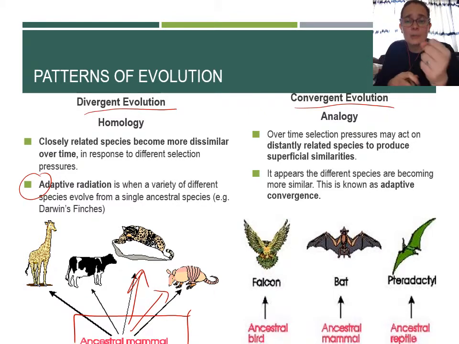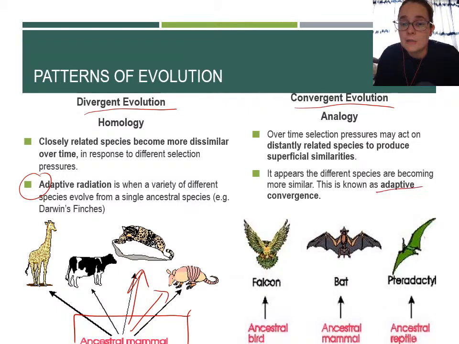So divergent is when you start as one and then you become many different types. So it's a response to selection pressures, as is convergent evolution. These guys here, so the falcon, the bat, and the pterodactyl that we have on the end here, don't actually share common ancestors, but they all have wings.